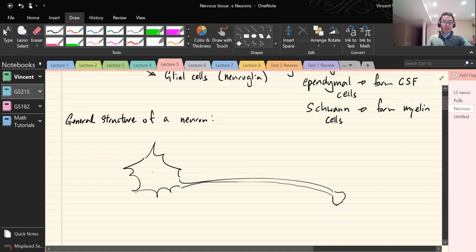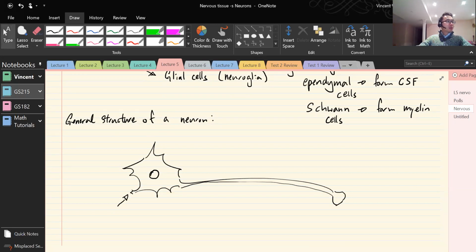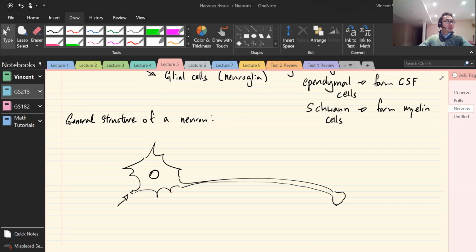There's a nucleus. Now, coming out from the cell body, we have all these little projections. Anybody know what these are called? These little things that are sticking out from the cell body. What do we call that? Anybody?